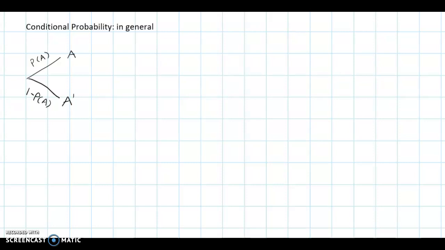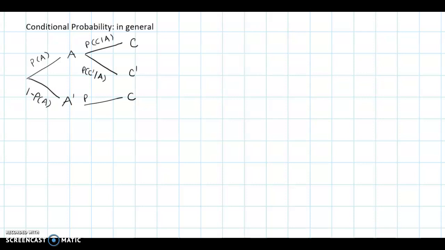Then something else happens. Let's call the second event C. So we know the probability of C happening given that A happens. So then we also know the probability of C not happening, so the probability of the complement of C given A. And C also could be happening after A complement.